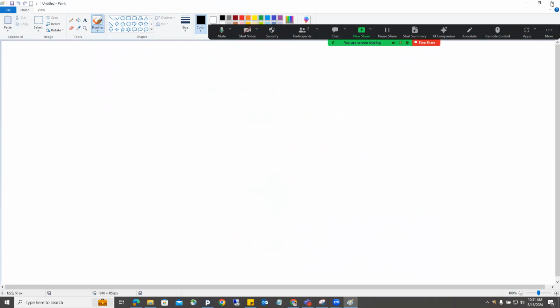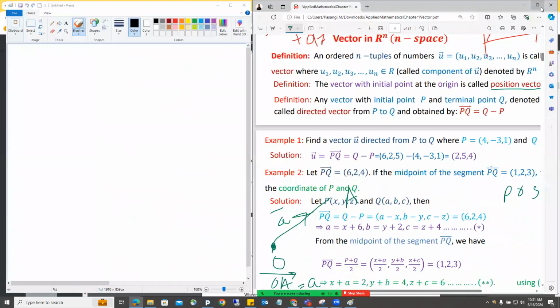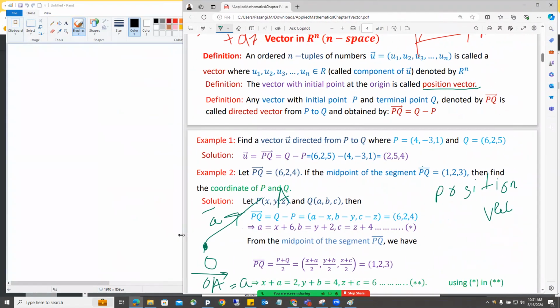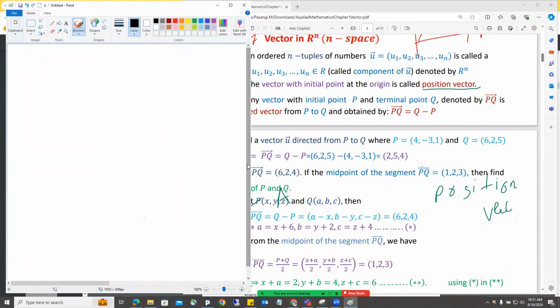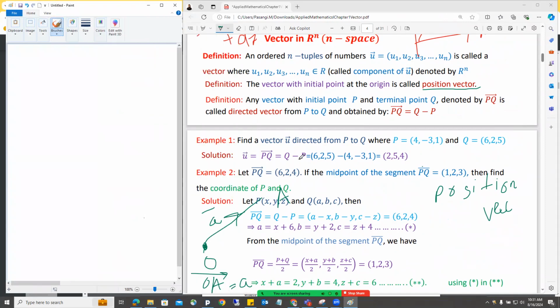So what I was discussing. Okay, here we go. Now we need to talk about the position vectors.